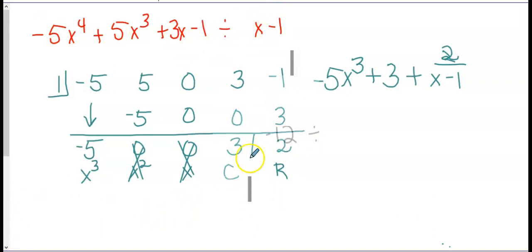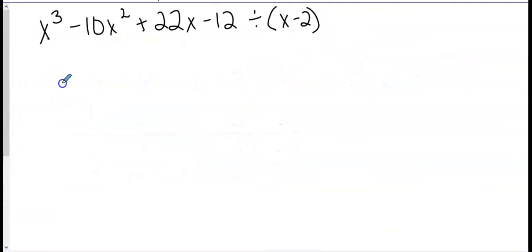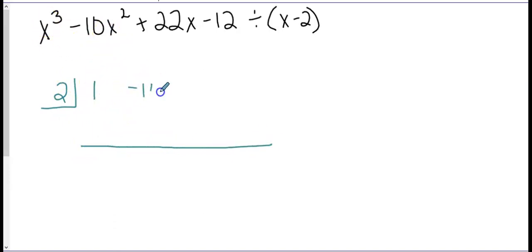Okay, let's try this one. So our root that we're looking to see if it is a root is 2. And then our coefficients are 1, negative 10, 22, and negative 12. Okay, bring down your 1. 2 times 1.